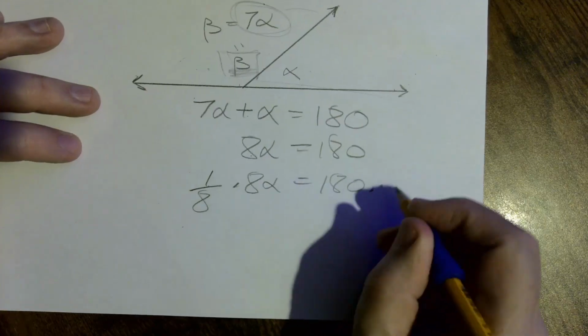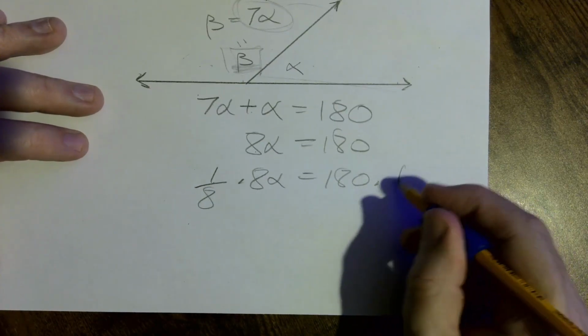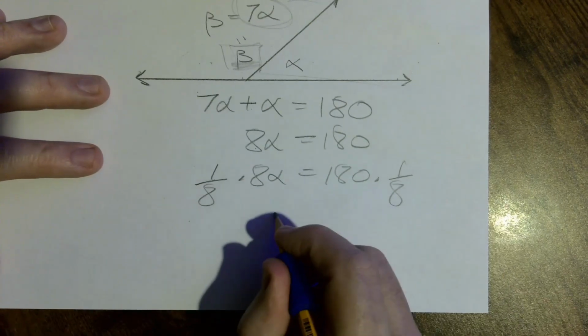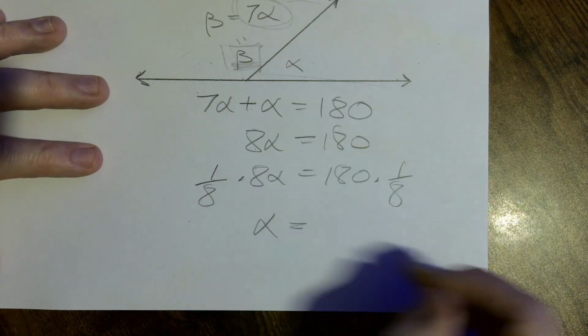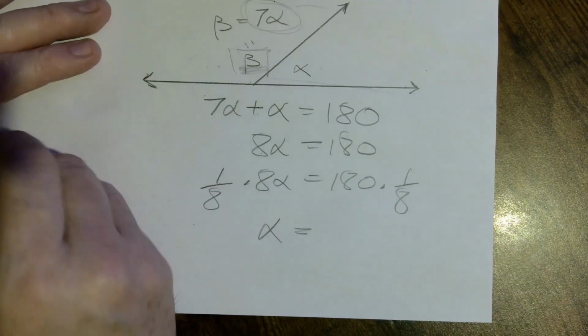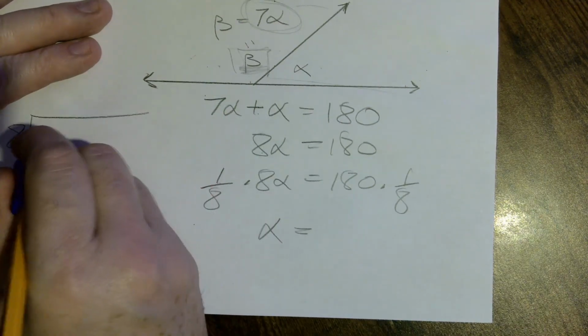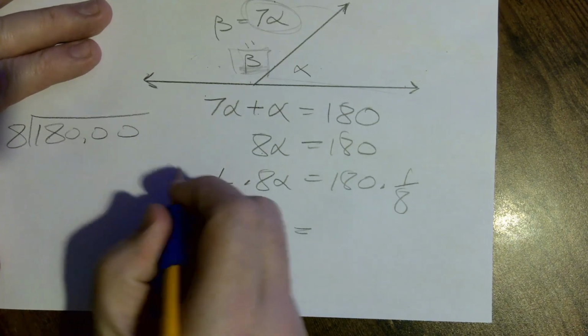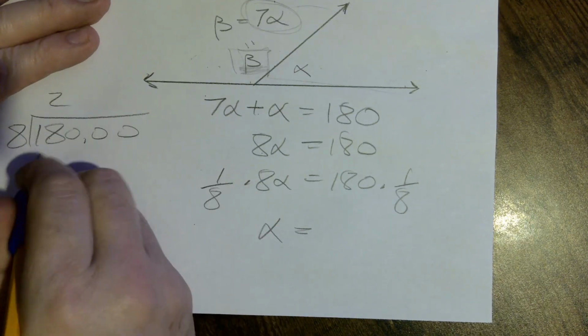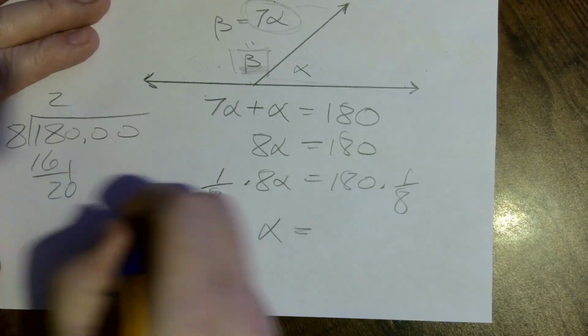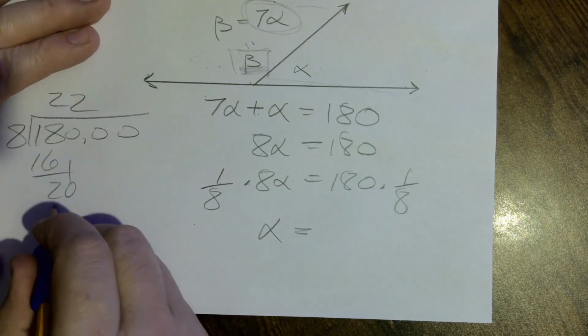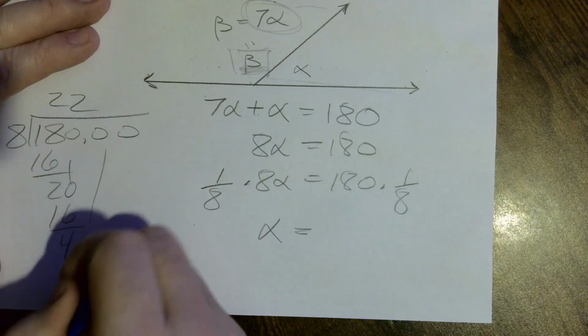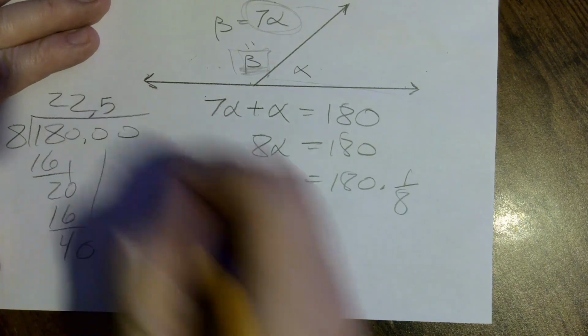180 times 1/8. This leaves us over here with alpha. And what we have is 8 to 180. 16, 2, right? We put 2 again. 22.5 degrees.